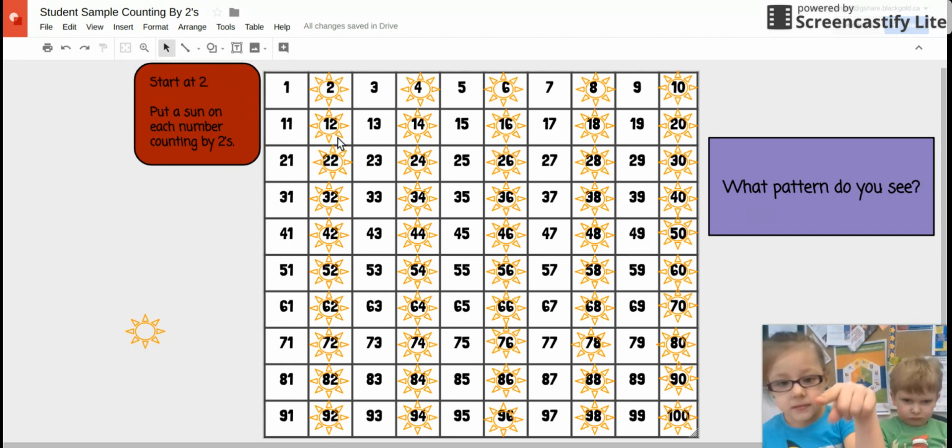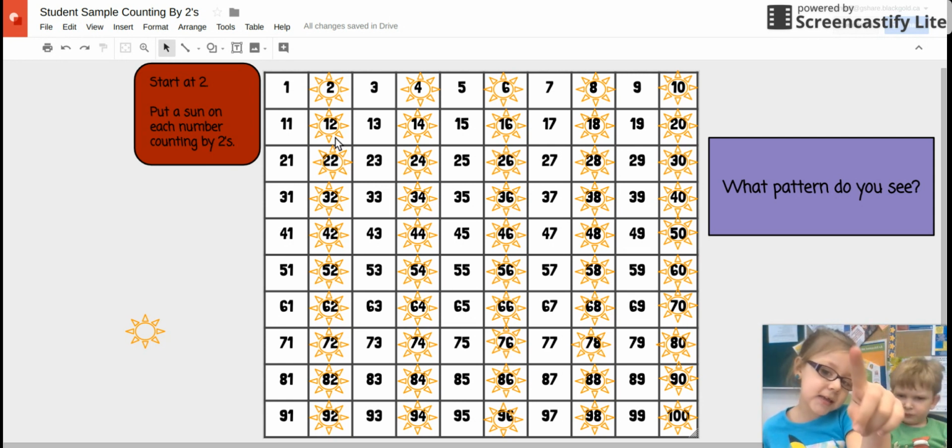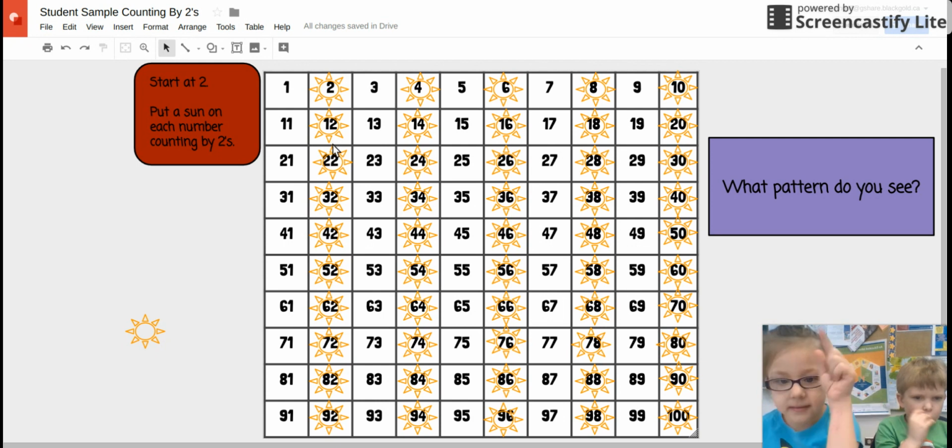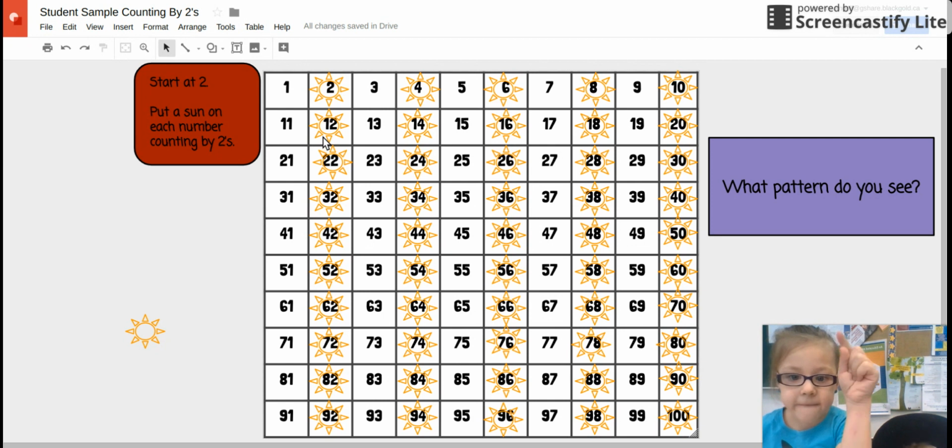12 is not just one number, it's 2 numbers. Okay. A 1 and a 2. And the 1 is before the 2.